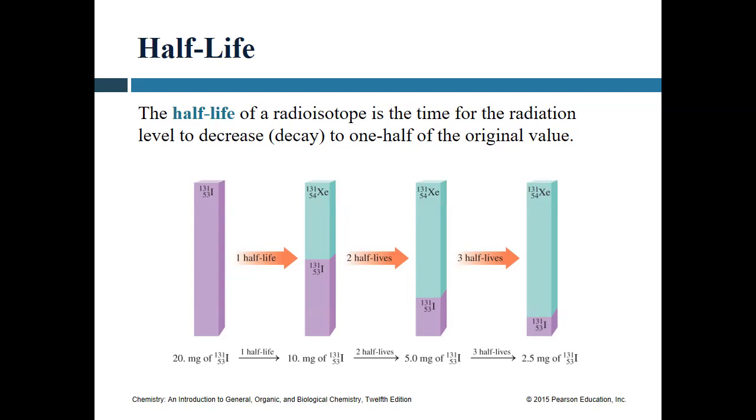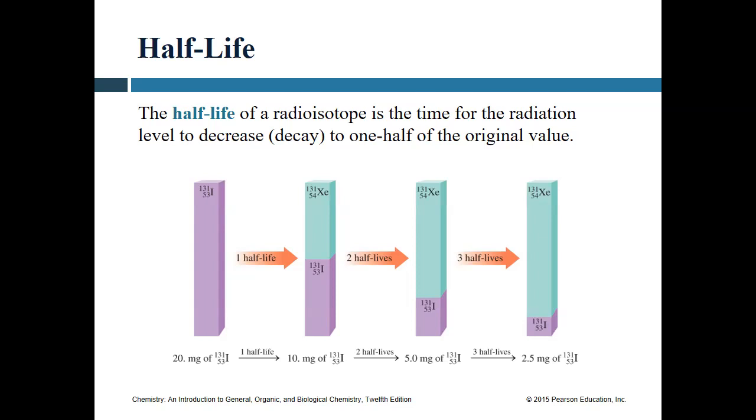Now, this is a unique phenomenon. Most chemical reactions behave in a different kind of way. I would say most, a number of them do. But for radioisotopes and for radioactive decay, they follow this very predictable pattern.